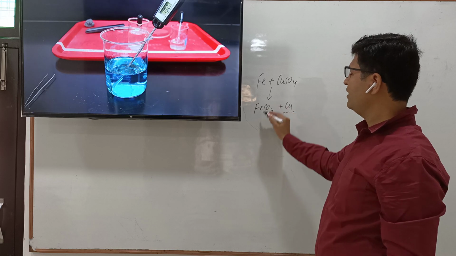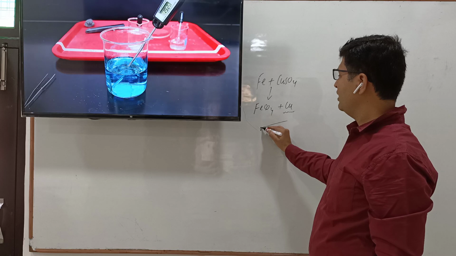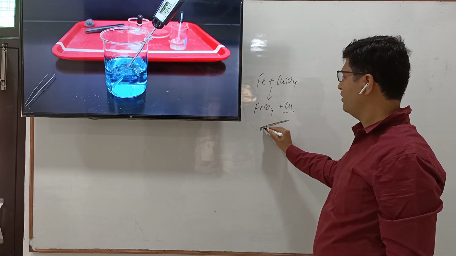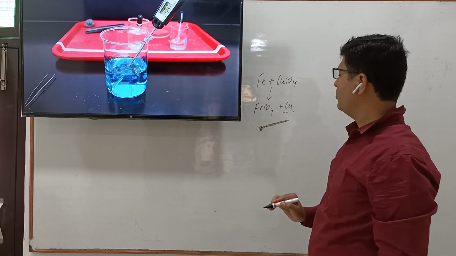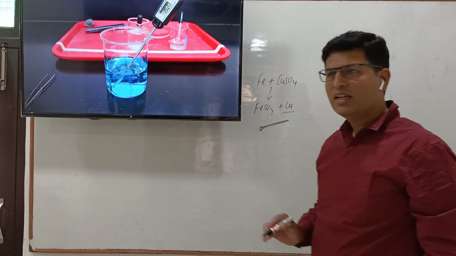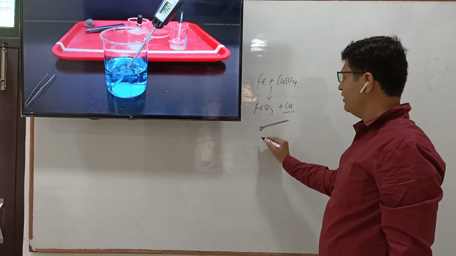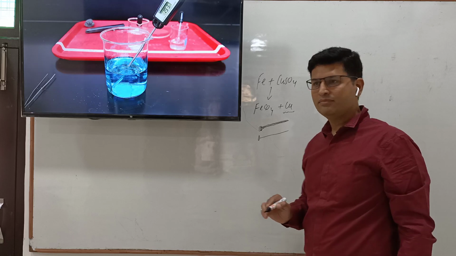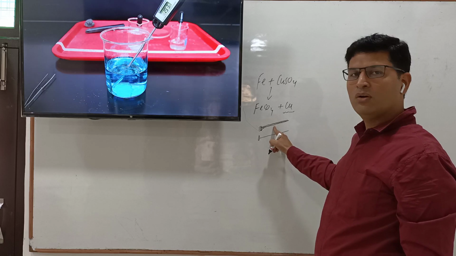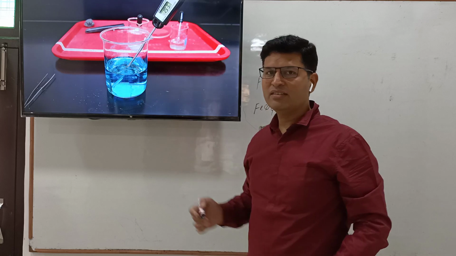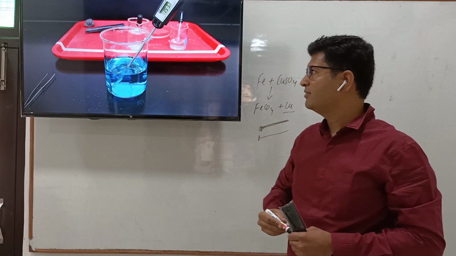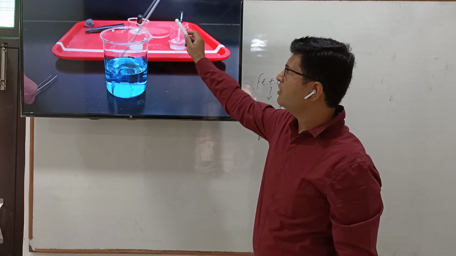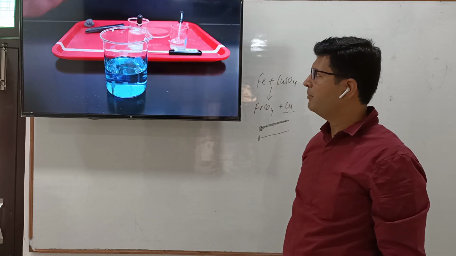This copper will start depositing on the iron nail, and the iron nail will look different. The copper is deposited over there, and the iron nail will look different if we put another iron nail beside the iron nail obtained from this solution. Let us check at the same temperature. A thermometer should be placed to get the temperature.